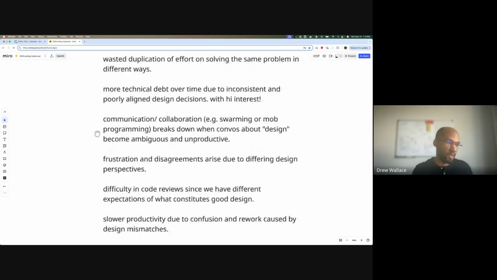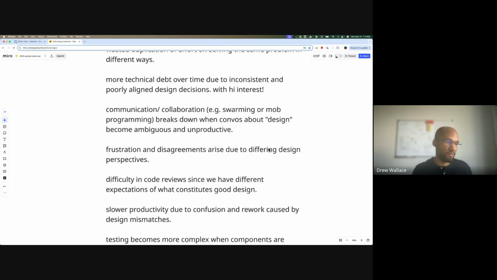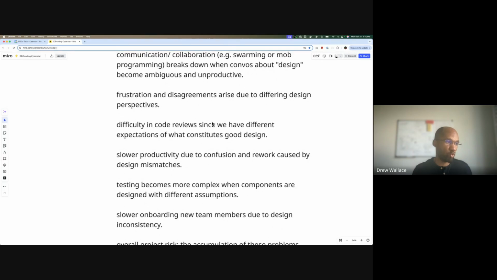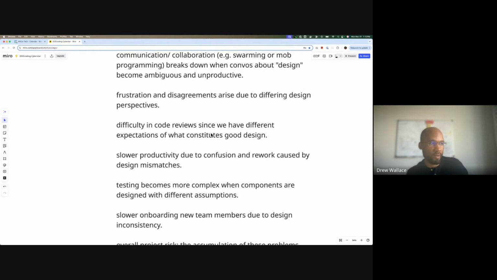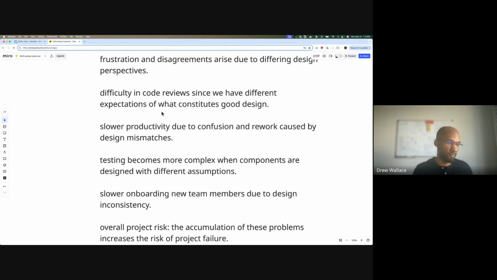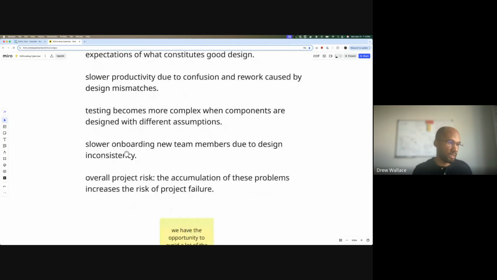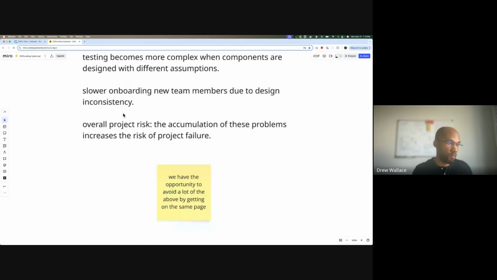Frustration and disagreements arise due to differing design perspectives. Code reviews are difficult because we disagree about what good design is. Slower productivity, testing is more complex, slower onboarding. So overall, the accumulation of these increases project risk.